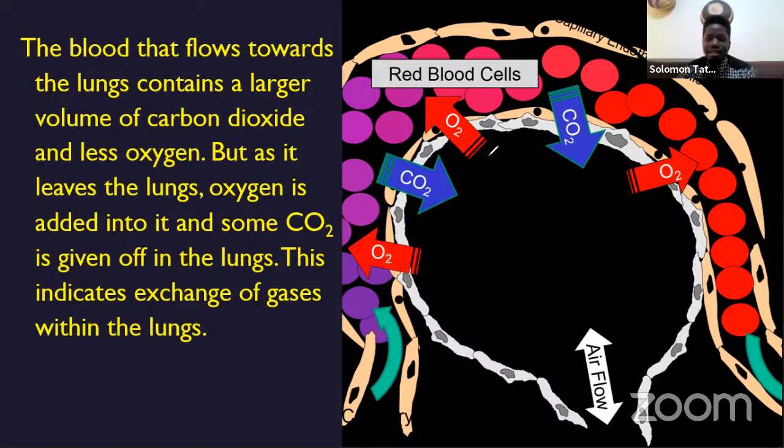It is also why not all the oxygen that goes in is utilized. Some of it is lost to the atmosphere. So it's all about the efficiency of the alveolus. At a higher level, we can always study it.